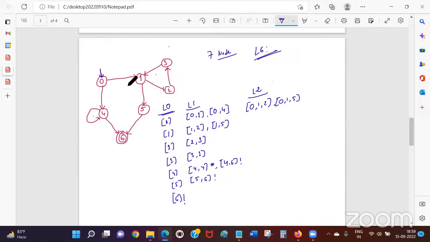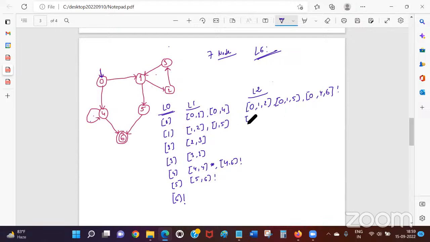For 0, 4, I cannot have 0, 4, 4, because it is not a simple path, but I can have 0, 4, 6. That's fine. So with 0, 1, let us check it. 0, 1, 2 and 0, 1, 5, there is nothing more. With 0, 4, you can go 0, 4, 6.